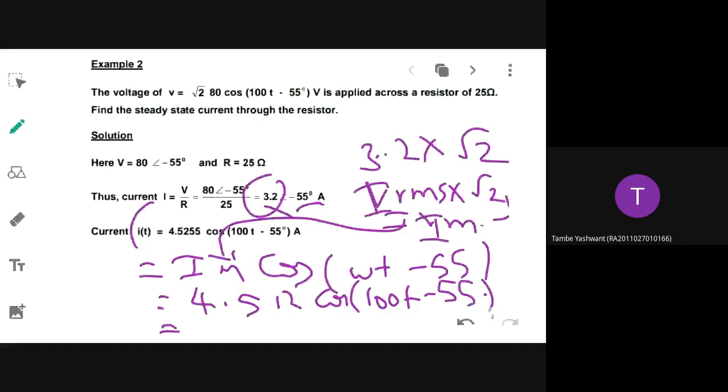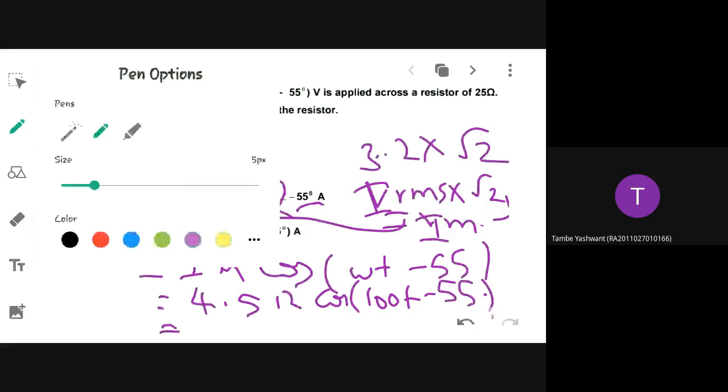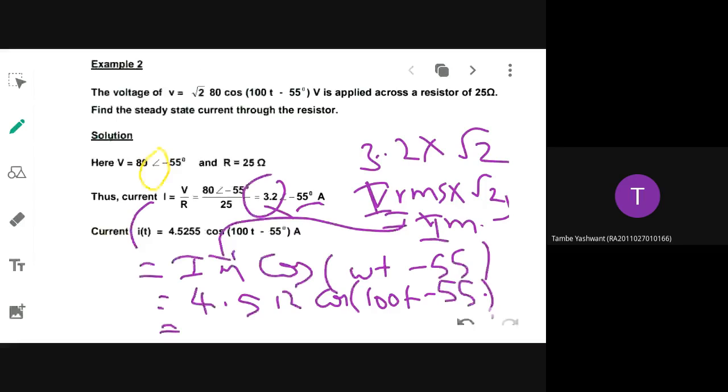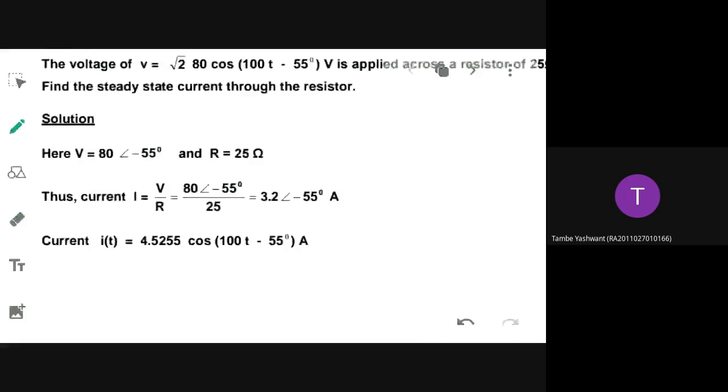Ma'am, in the solution it is given. Here V is equal to 80, and that is the angle. That is the general angle representation. This is magnitude, this is angle. You have not studied this in maths?